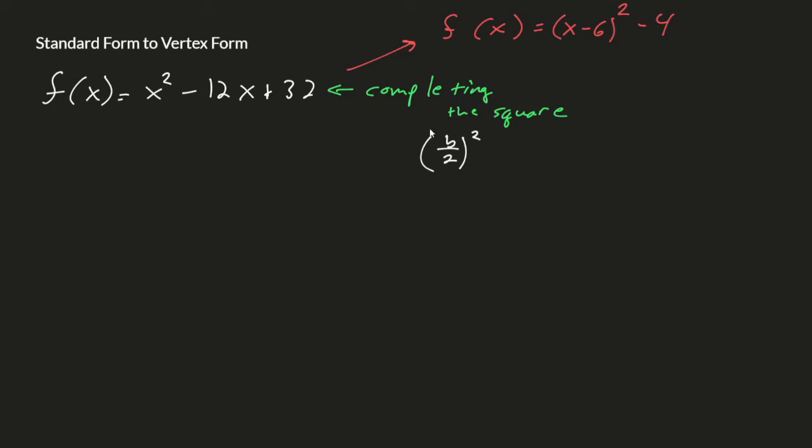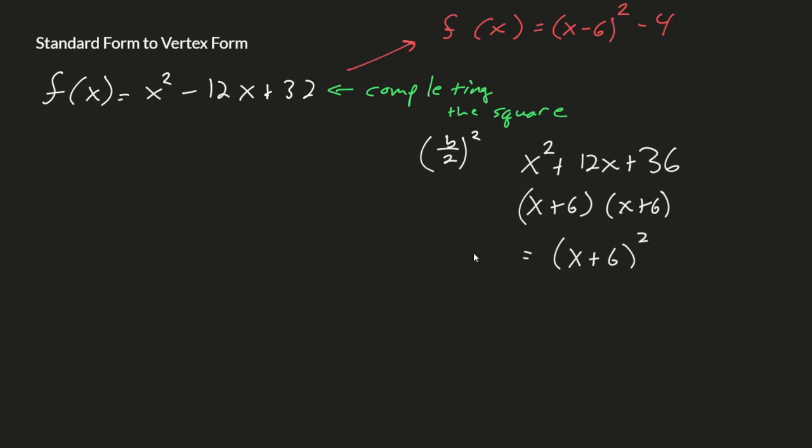As a quick example of what it means to complete the square, consider x squared plus 12x plus 36. With some factoring techniques, we can determine that this is equal to (x + 6)(x + 6), which is equal to (x + 6) squared. So if I were to take the square root of x squared plus 12x plus 36, I can determine that this is equal to just x plus 6.